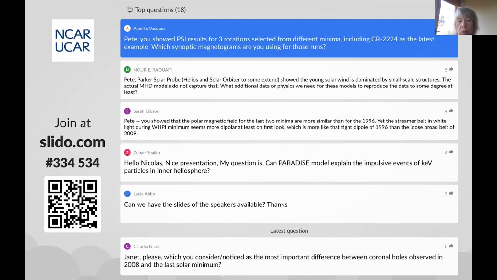Now we are trying to keep as much of the original data there as we can, but also add in some extra flux based on these Hinode observations.